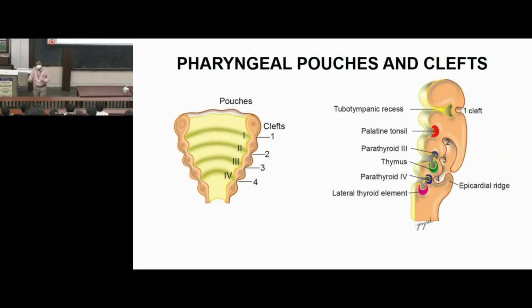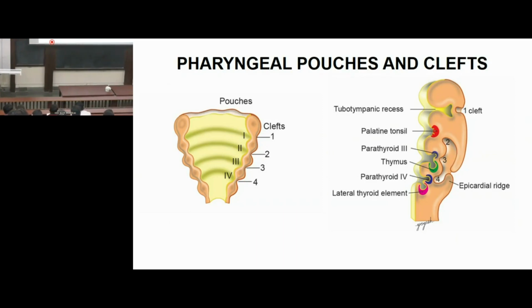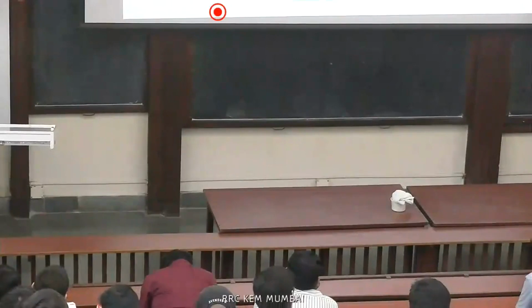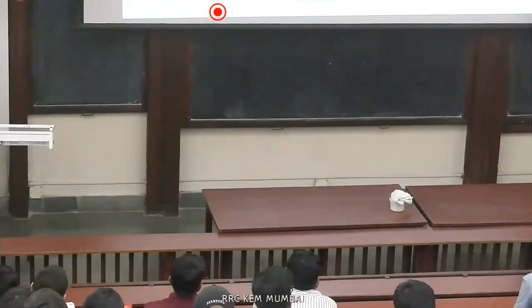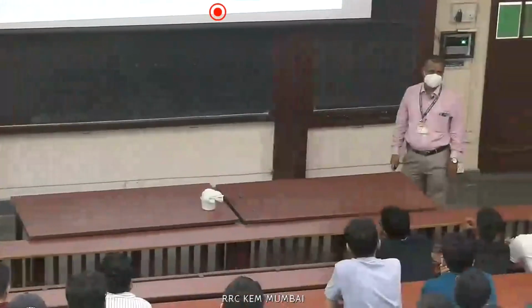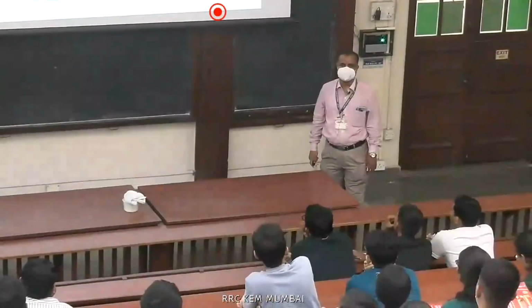Okay. So this is about pharyngeal arches. Now let's go to pharyngeal pouches and clefts. We know the location of the cleft and the pouch. The cleft is on the external aspect, so lined by ectoderm. Pouch is on the internal aspect, lined by endoderm. You can see a few terms here which are listed. Tubotympanic recess.